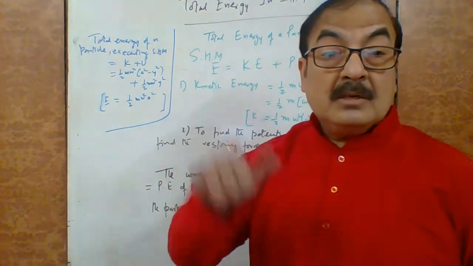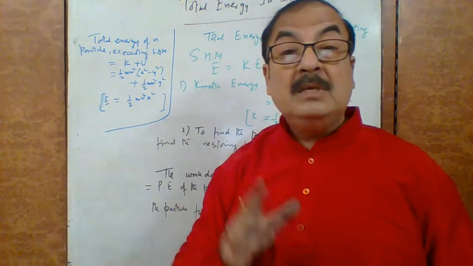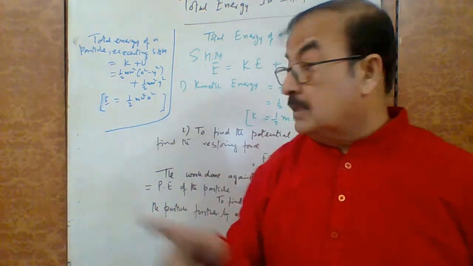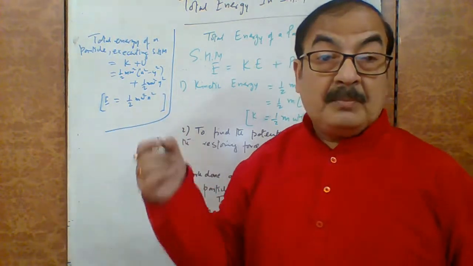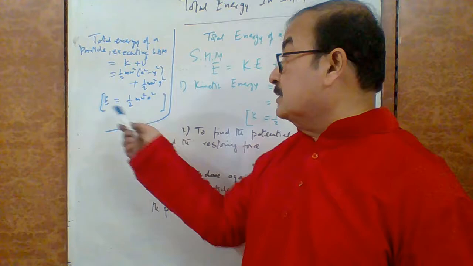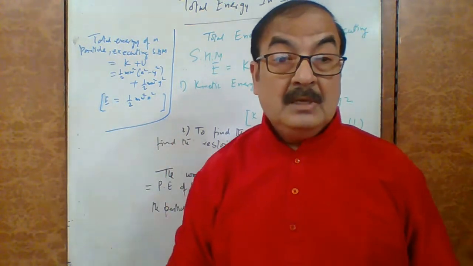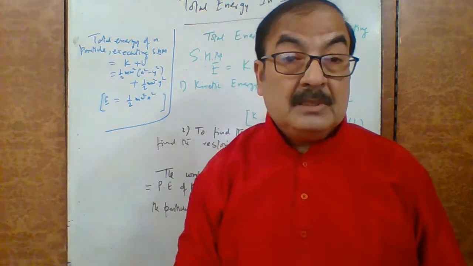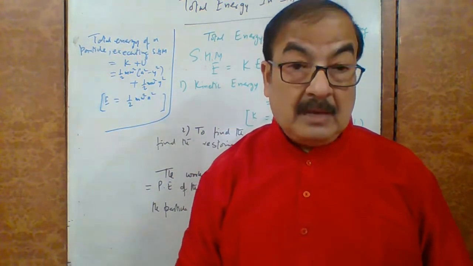Omega, the angular frequency for a particular particle which is executing SHM, that will also be constant. Mass of the particle is naturally a constant quantity, and in that way this is the total energy expression. And after this we can find out how we actually represent these things in graphical form.